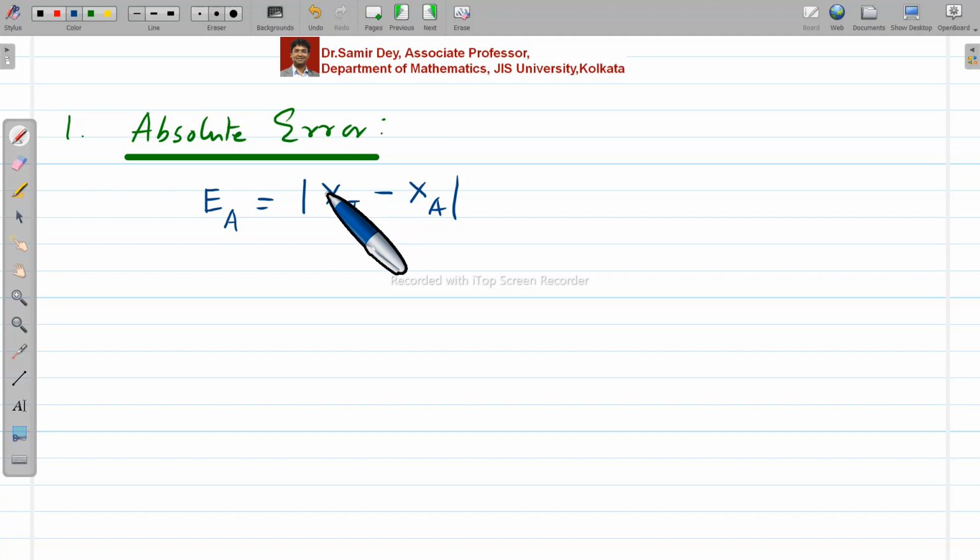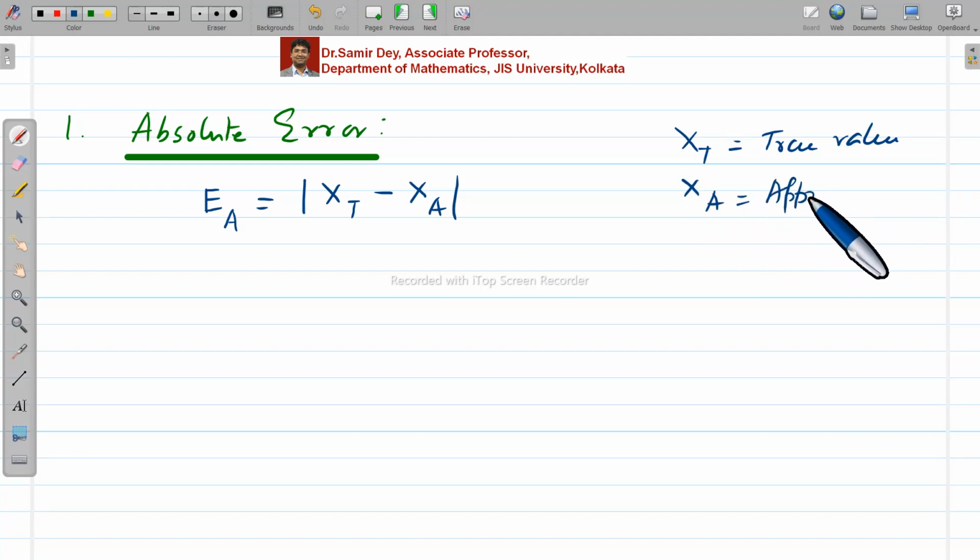X is the given number, xt is the true value of that number and xa is the approximate value of that number. Clear? Is it clear? Xt is equal to the true value, and xa is the approximate value. Now it is clear.